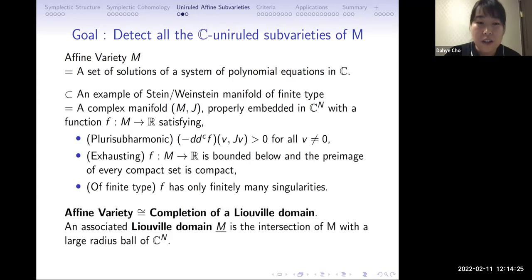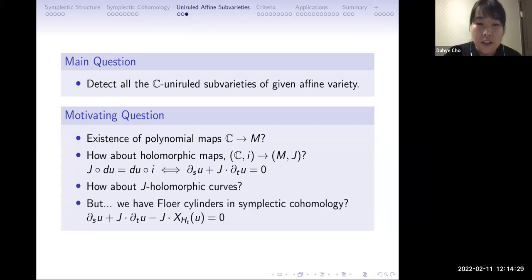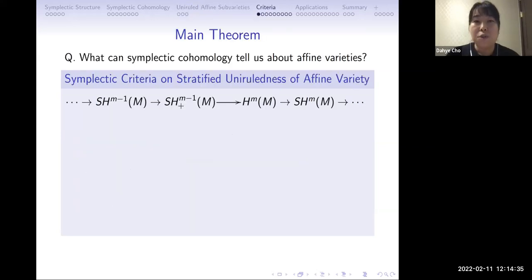So far, symplectic cohomology can detect Floer cylinders, for example from the long exact sequence of symplectic cohomology from the action filtration. This connecting delta map tells us there is a Floer cylinder connecting a non-constant orbit and a constant orbit.